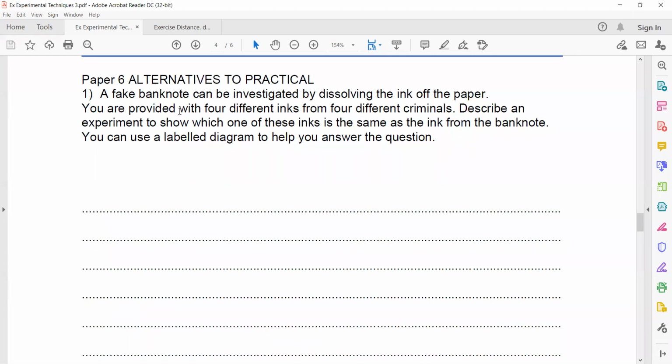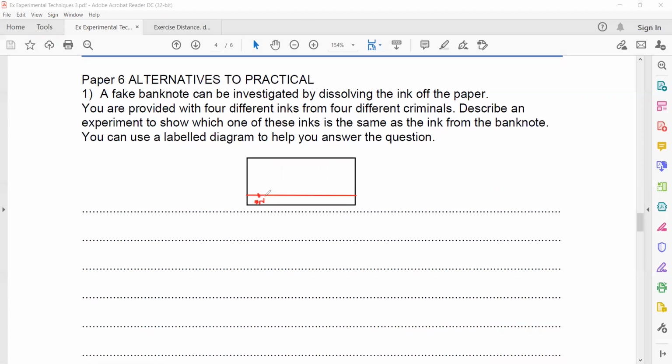So simply what we will do, I will write the answer, but first the explanation. We'll use chromatography. How do we carry out this chromatography? This is a chromatogram which we will take. Then we will draw the origin with pencil. Here we will place ink from the banknote, I'm writing BN.